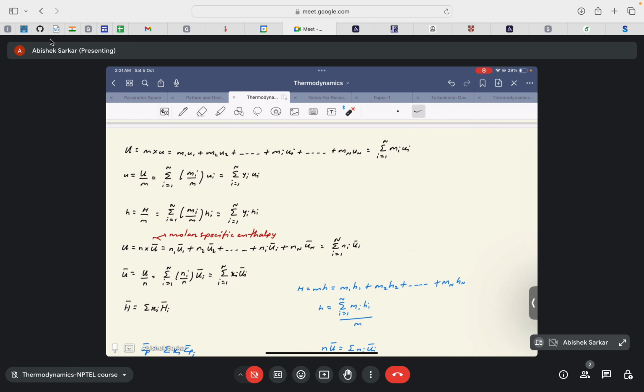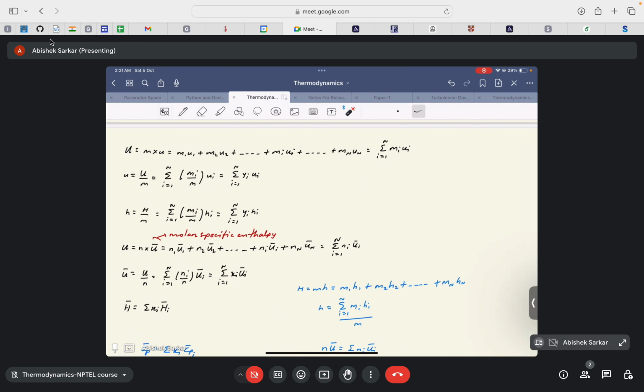If we consider the total internal energy of this mixture of gases, it can be given by the product of the mass of each of these individual gas components multiplied with the internal energy of that particular mass of gas in the mixture. So U1 denotes the specific internal energy of that particular type of gas in the mixture.